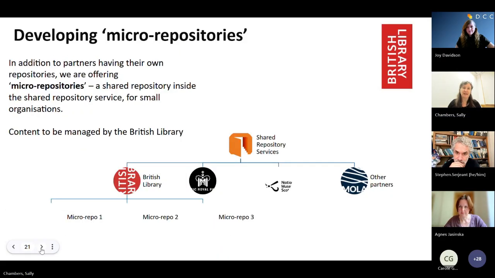So just to wrap it up and bring it down into a little bit more detail, another important thing to point out, and this is a sort of future development, is within the shared repository service, as well as providing different types of repositories such as the British Library or the National Library of Scotland, we would also like to provide micro repositories for smaller institutions where they don't necessarily need to have their own repository.